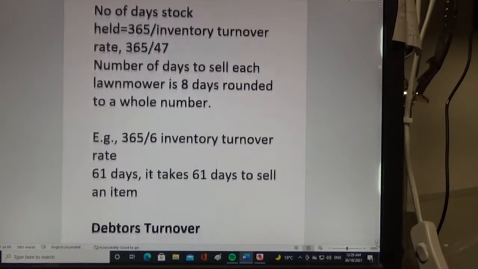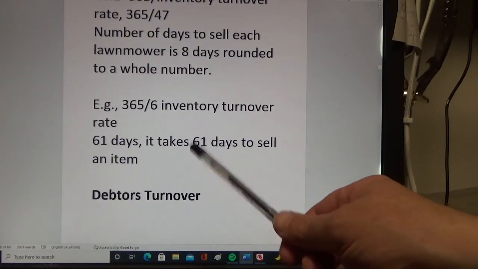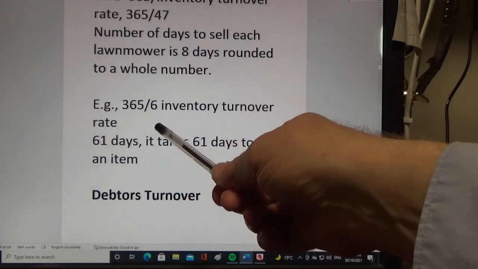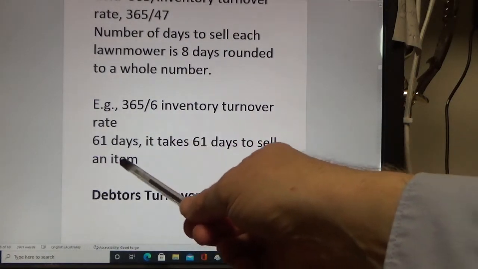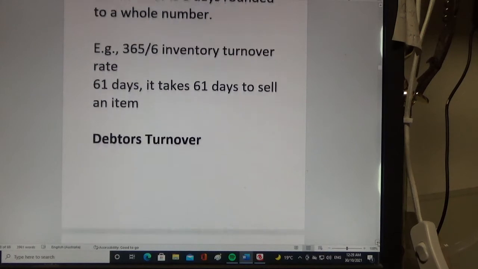And say in a different example, you had 6 for your inventory turnover rate. Well, you divide 365 by 6 cycles a year, and it takes 61 days to sell that item, whatever it is. That's separate to Dubbo Lawnmowers.